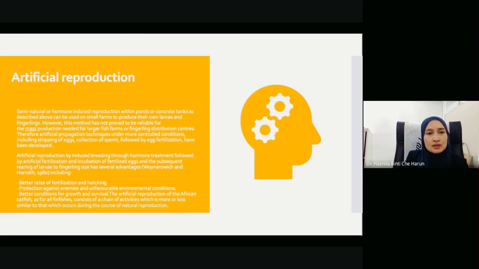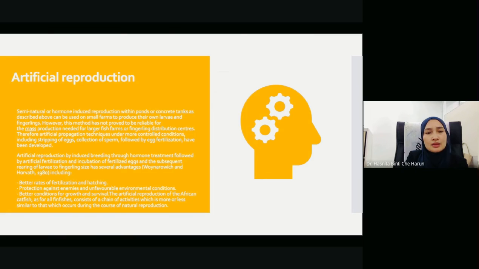So, artificial reproduction is induced breeding through hormone treatment, followed by artificial fertilization and incubation of the fertilized eggs and the subsequent rearing of the larvae to reach the fingerling size.